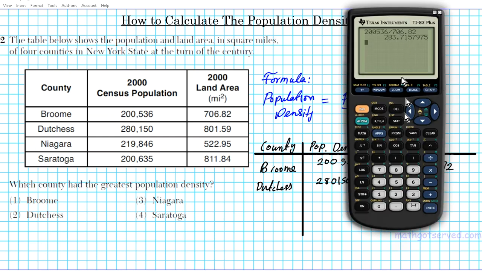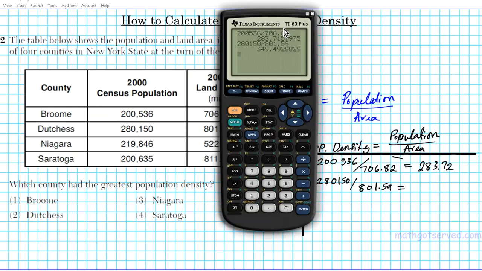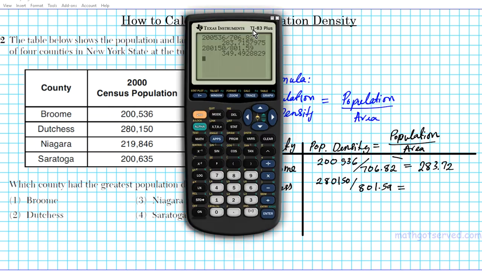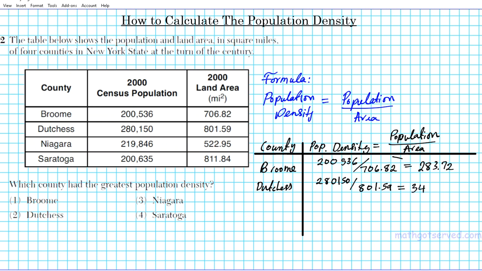So we have 280,150 divided by 801.59, and we get the population density of 349.49. Let me just check my work again. 280,150, 801.59. Okay, so it's 349.49.